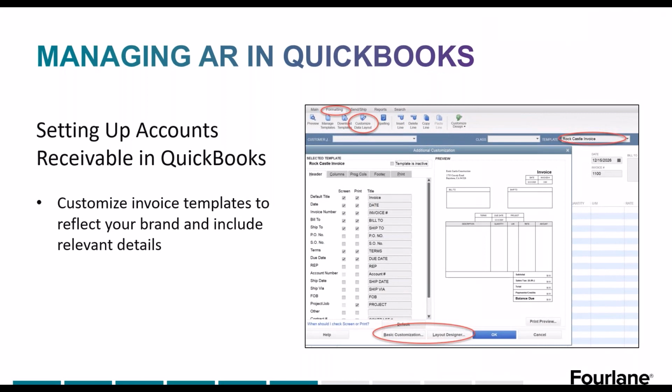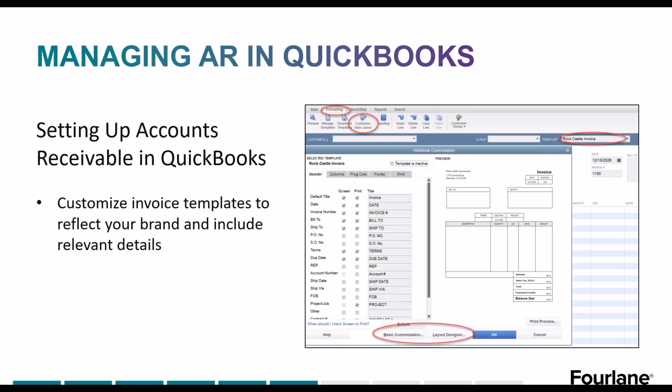Another thing I would suggest you do is make sure you have the invoice set up to reflect your company and what you need appropriately. QuickBooks allows you to do that through customizing invoice. You can get to it right up here. You can see where that's directing you.